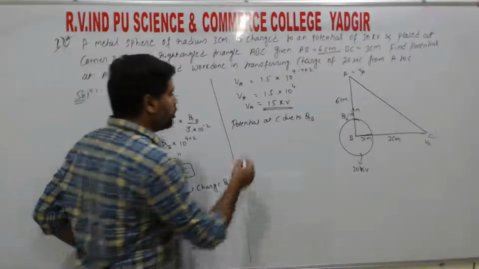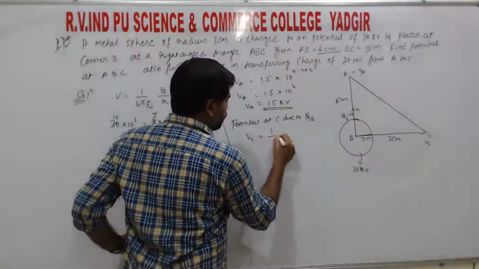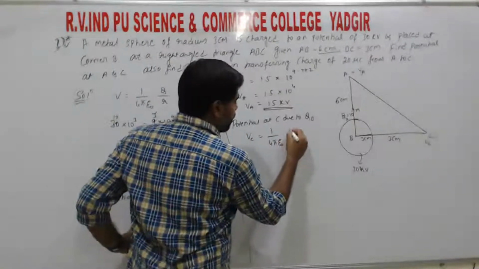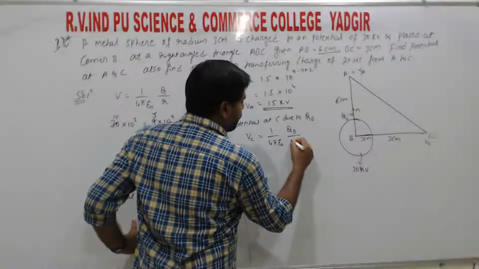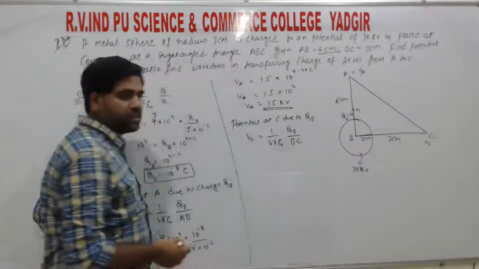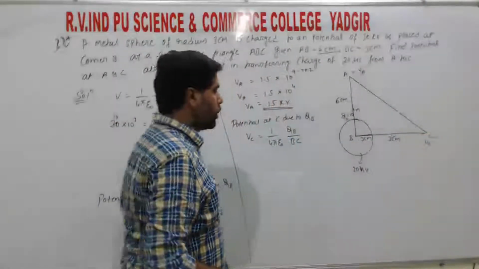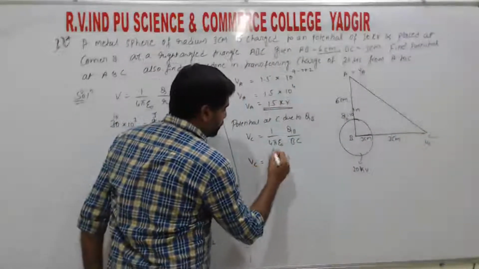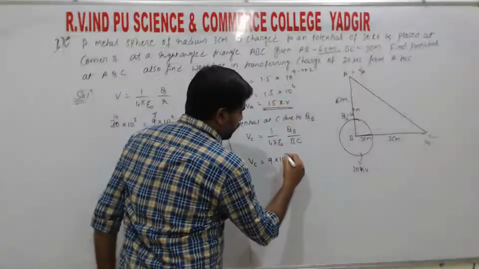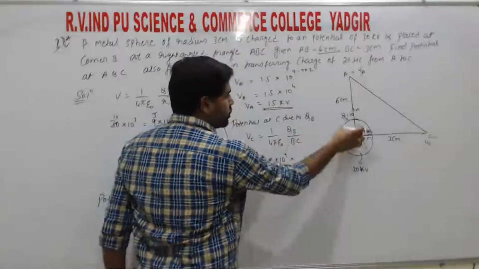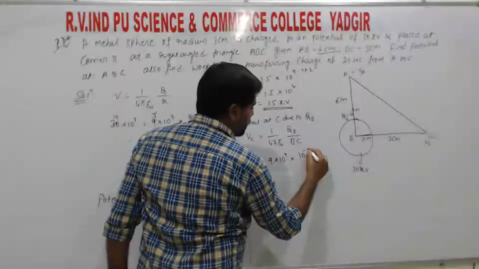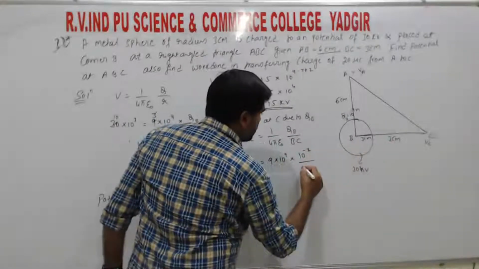So again by the same formula, VC is equal to 1 by 4 pi epsilon naught QB divided by the distance BC. That means this distance. Here we are going to find the potential, right? So VC is equal to 9 into 10 to the power of 9 into charge QB, which is 10 to the power of minus 7, and the distance is 3 centimeter.